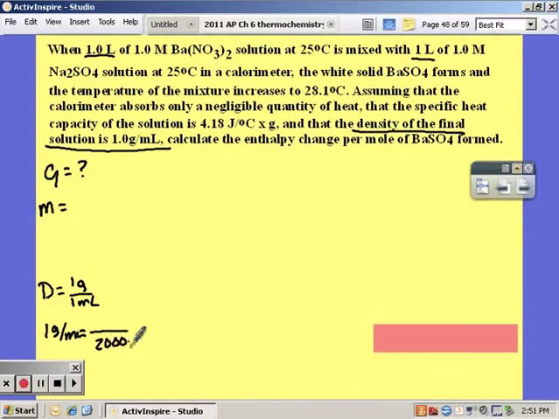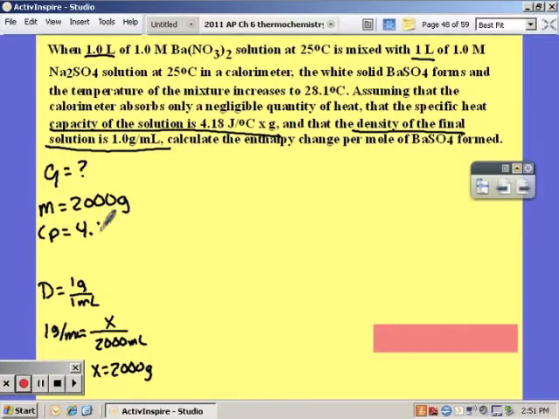So we know our density is 1 and we have 2,000 milliliters. So we're looking for our mass, which means it must be 2,000 grams. We got 2,000 milliliters because we have 2 liters. Each liter is 1,000 milliliters. Our Cp was given. It's 4.18. And our change in temperature is final minus initial, or 3.1.